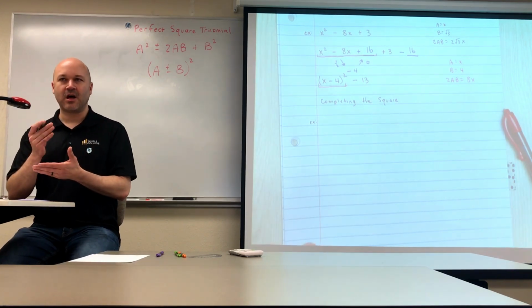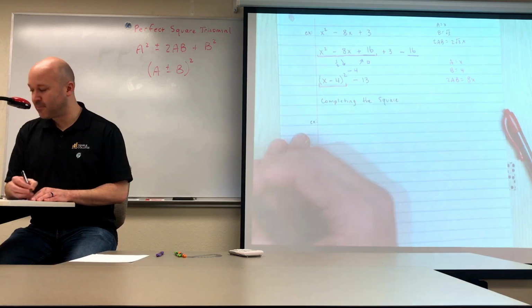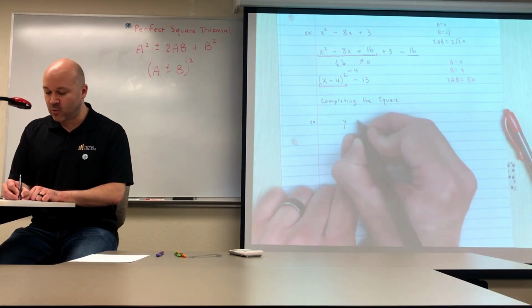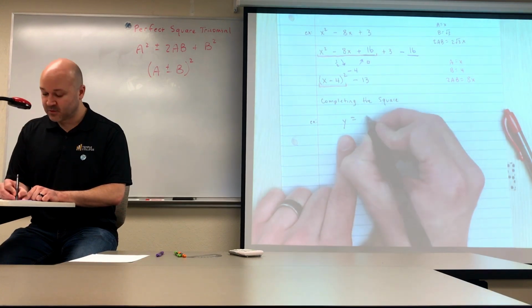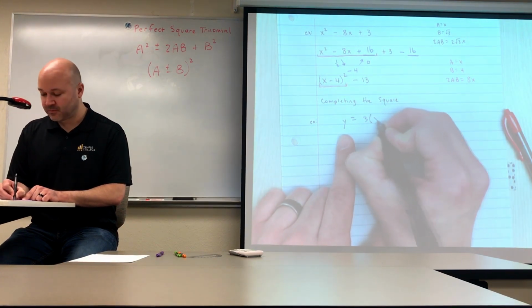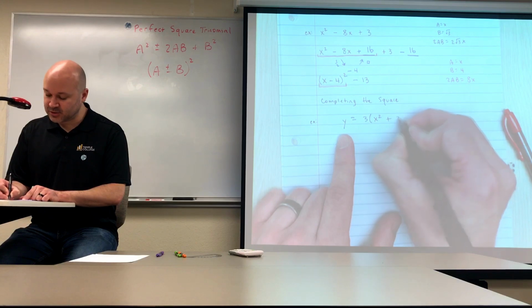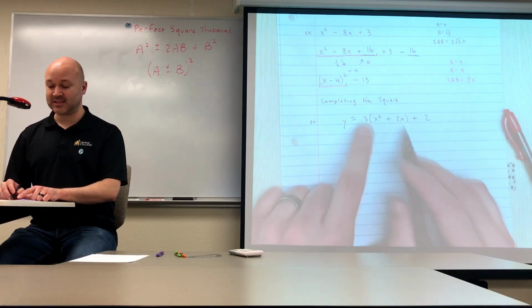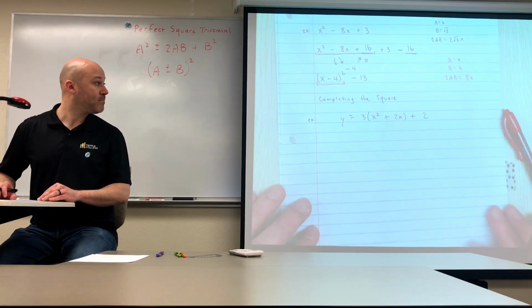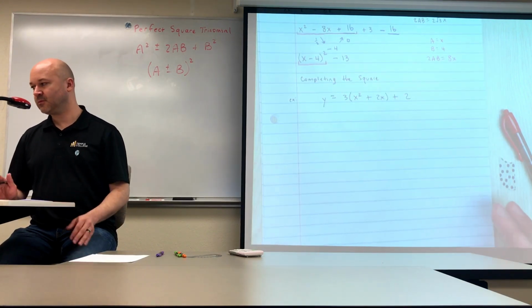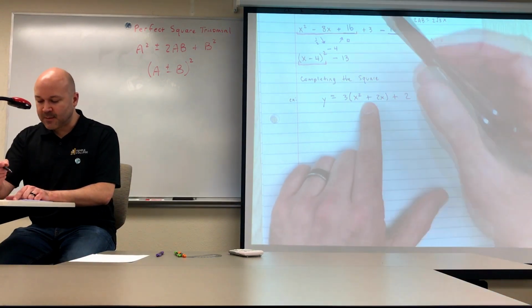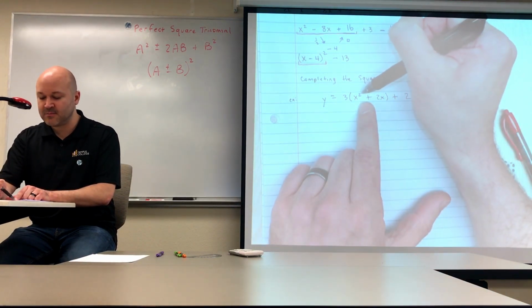We need to complete the square. So my next example is no longer an expression. I now have an equation. y equals 3 times x squared plus 2x plus 2, where x squared plus 2x is in parentheses. All right. Well, okay. What I'm going to do is focus in on the quadratic term and the linear term.